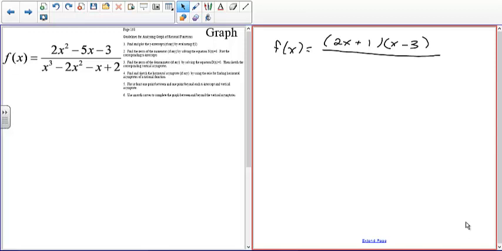There we go. Okay. So we're going to use synthetic division and try, what's going on here. Hold on just a second. My cursor's not responding.